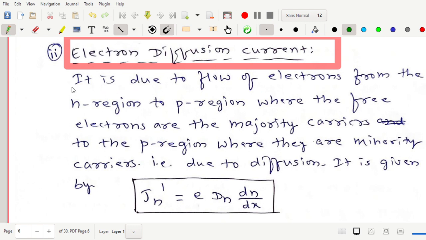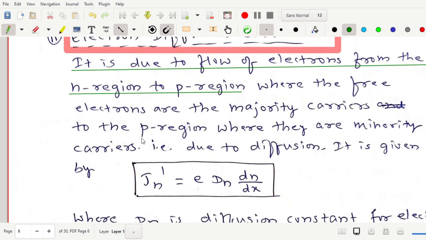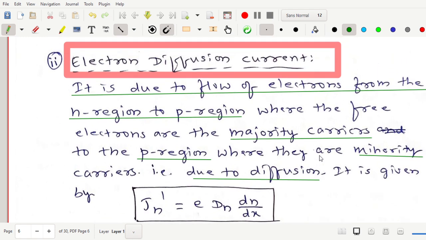It is due to flow of electrons from the N region to P region, where the free electrons are the majority carriers, to the P region where they are minority carriers. That is due to diffusion. So the name itself suggests that it is due to diffusion, electron diffusion current.